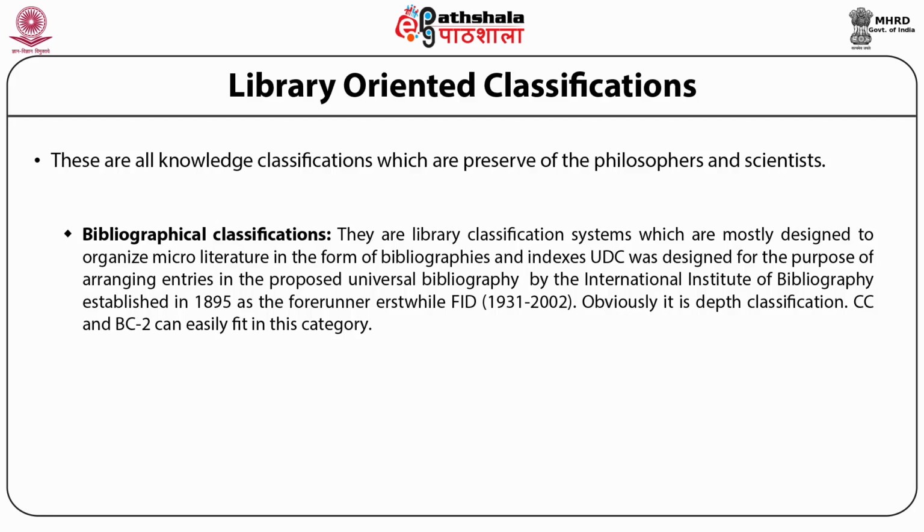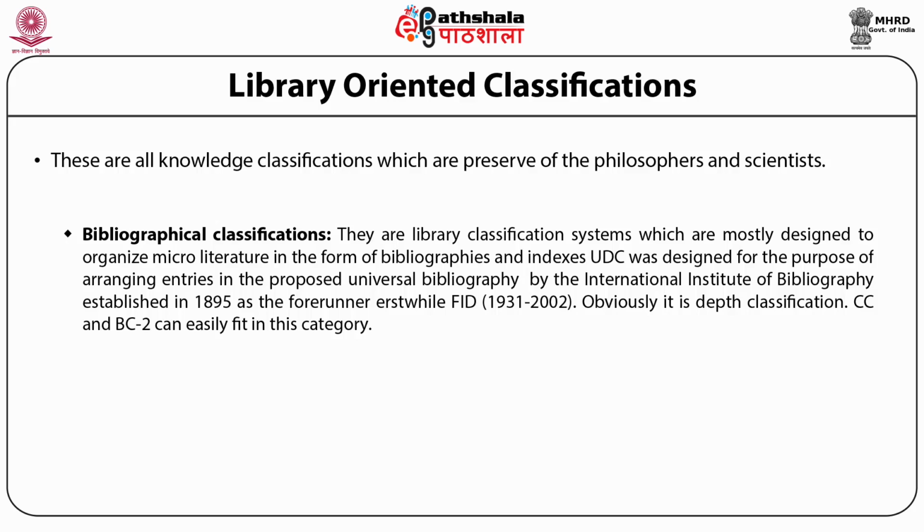It was designed to classify microliterature, scientific literature published all over the world, and therefore they added many synthetic devices to this newly formed system to make it useful for microliterature. And these bibliographical classifications are useful for information retrieval.